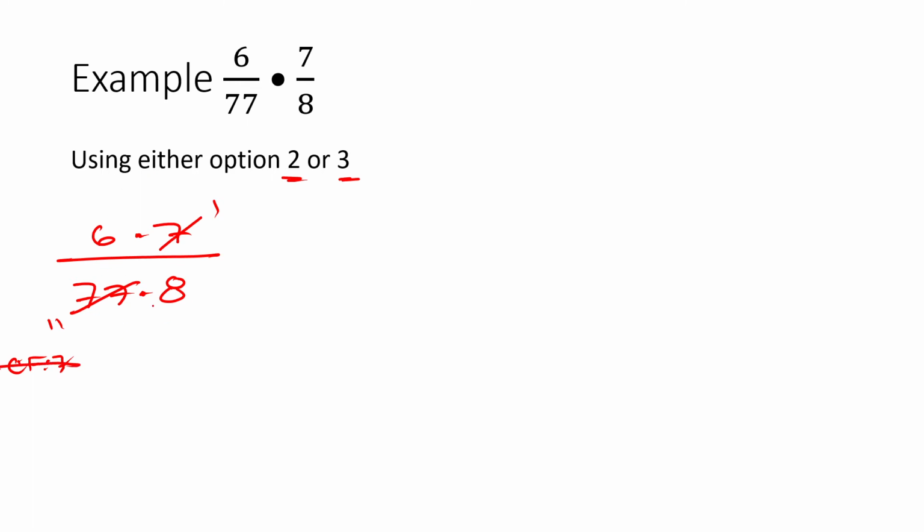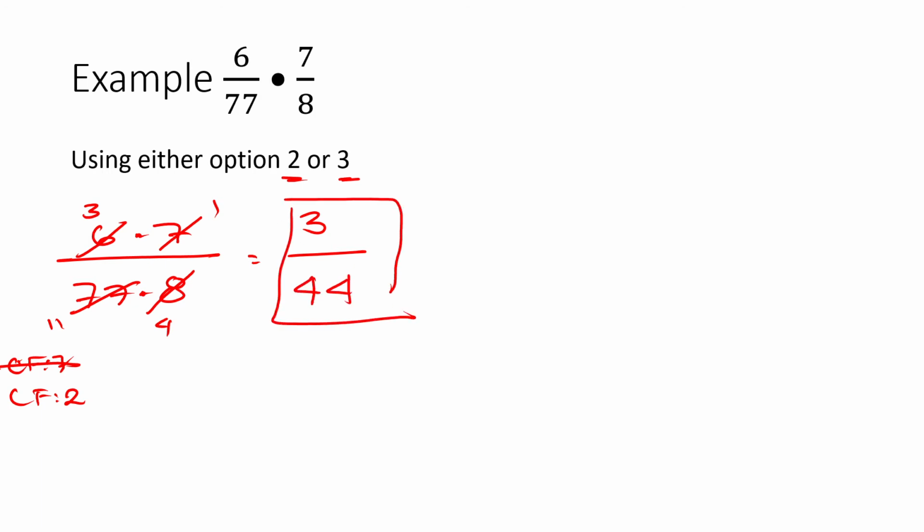Let's move on. 6 and 8, we can divide those two numbers by 2. 6 divided by 2 is 3. 8 divided by 2 is 4. So, is there any more? No. So we simply multiply across. 3 times 1 is 3, and 11 times 4 is 44. So your final answer is 3 over 44.